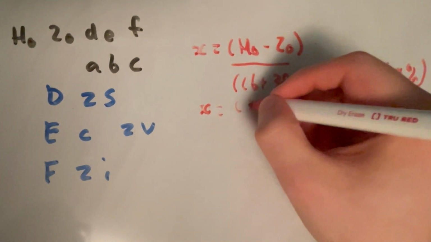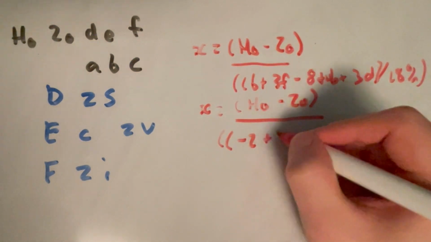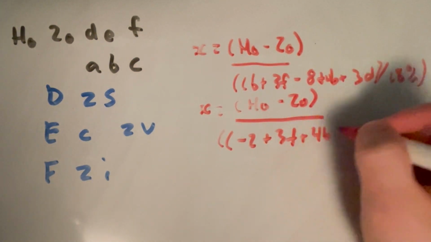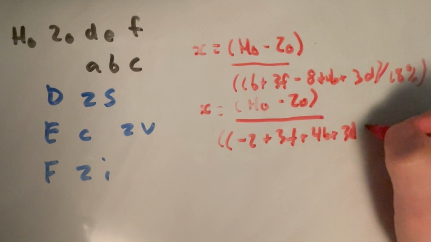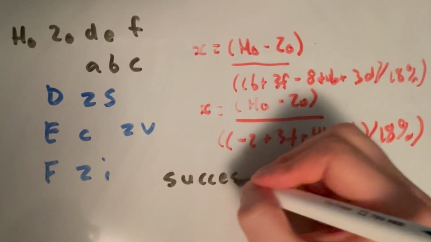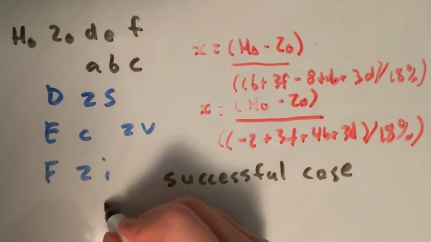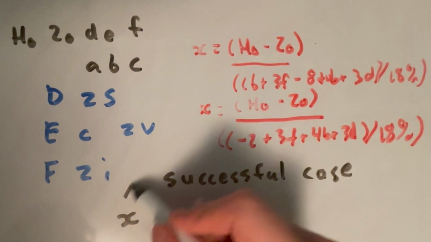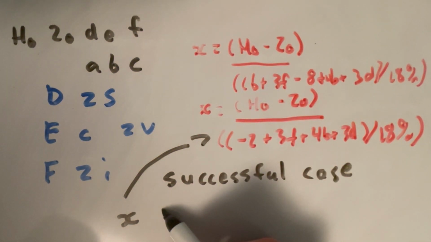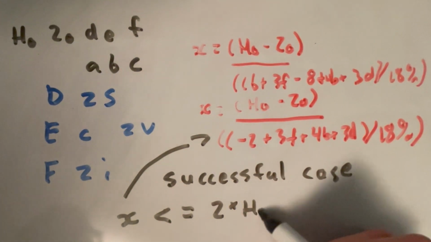The resulting equation will turn out to be x equals h0 minus c0 over minus 2 plus 3f plus 4b plus 3d over 18%. So, for a successful case, h0 minus c0 over minus 2 plus 3f plus 4b plus 3d over 18% would have to be less than or equal to 2 times h0 minus 2.